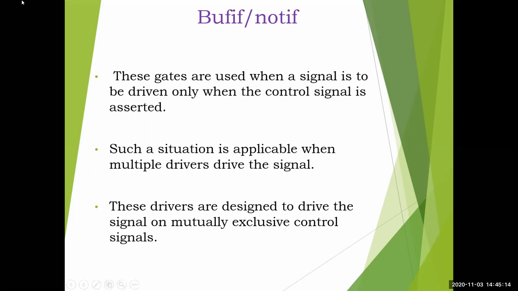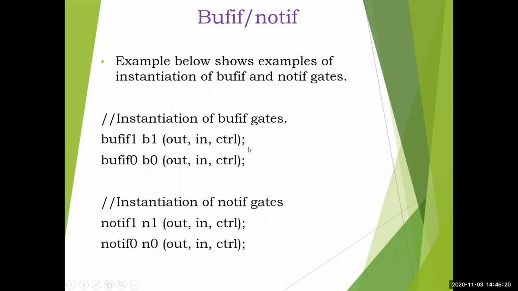So this is about the bufif and notif gates. If you see the example, first the instantiation of bufif gates. bufif1 itself is the keyword, and the instance name is optional, because this comes under primitive gates only.